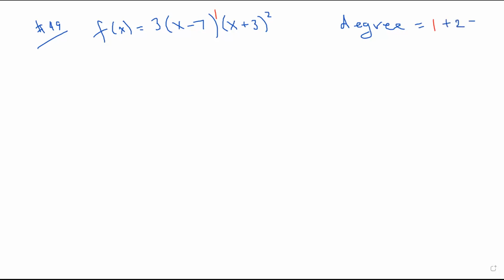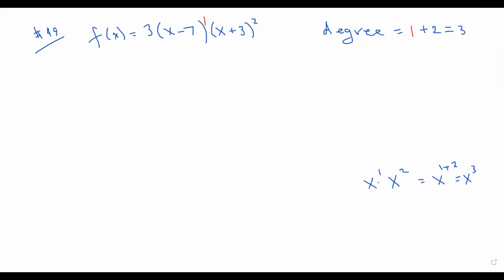So when I add these, it's 3. It's just like when you multiply x by x squared, the powers have to be added, and that's going to be x to the power of 3. When you multiply, you add the exponents. That's the same idea here.